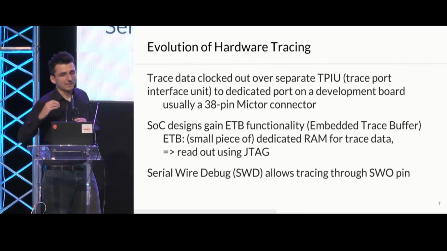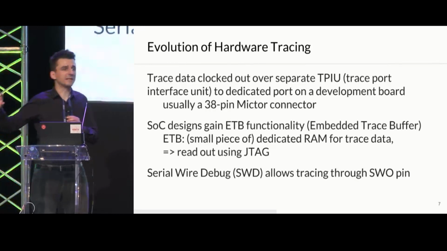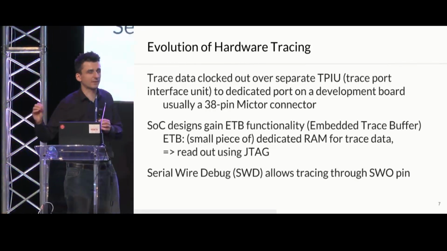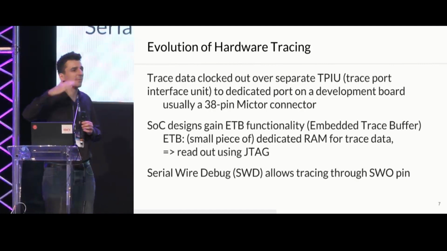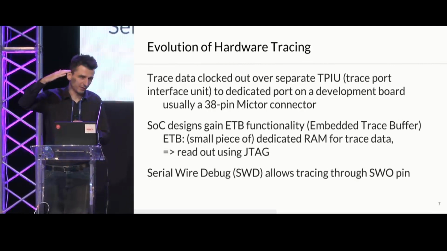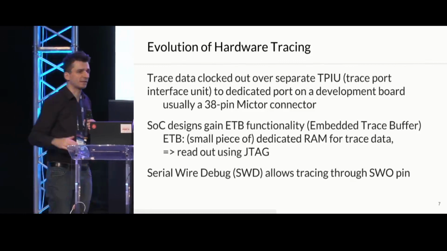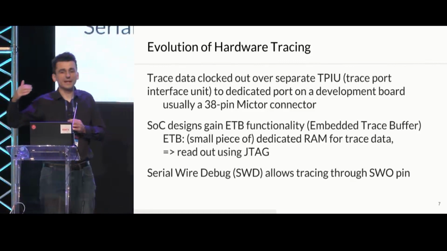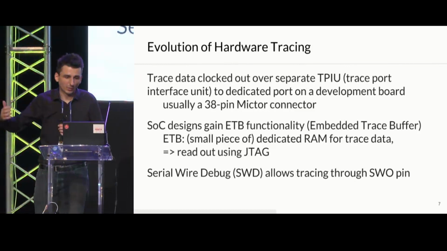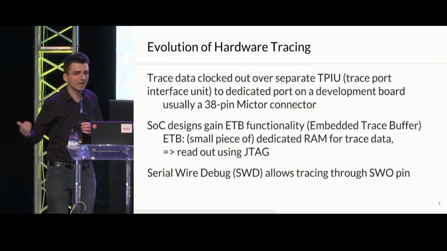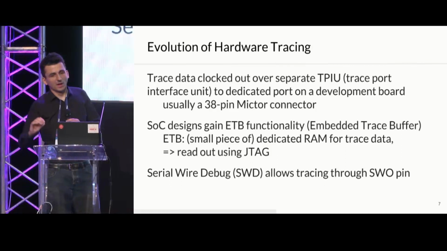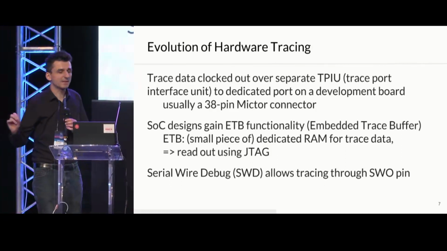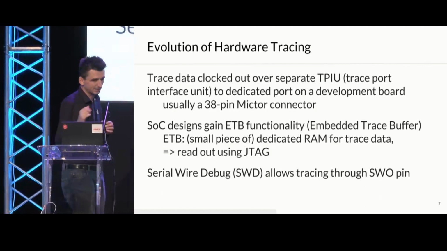So what they then started doing is they integrated buffers into their designs and thought about how to compress the traces. Originally, they basically dumped the PC for each instruction that they executed. The next evolution was to integrate a buffer and record less information. This is the so-called Embedded Trace Buffer, a small dedicated piece of RAM for trace data that can be read out using JTAG.